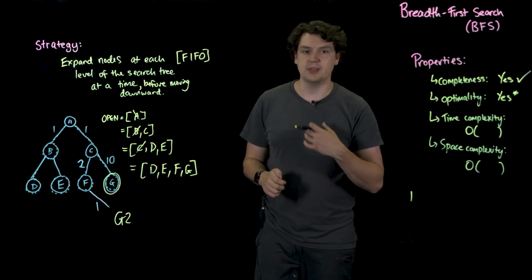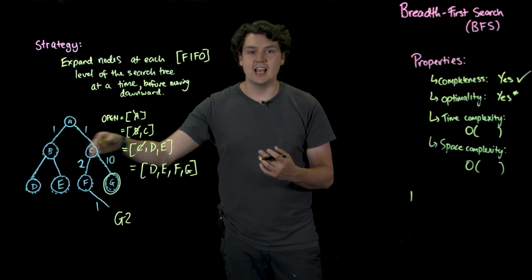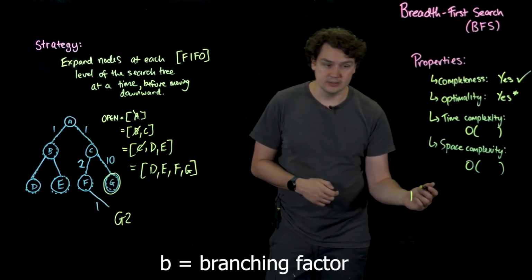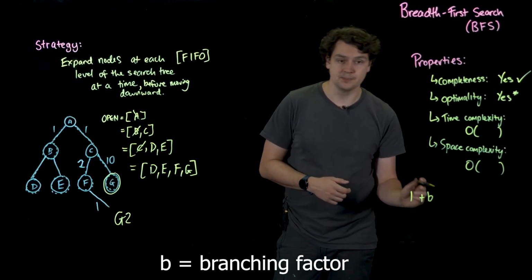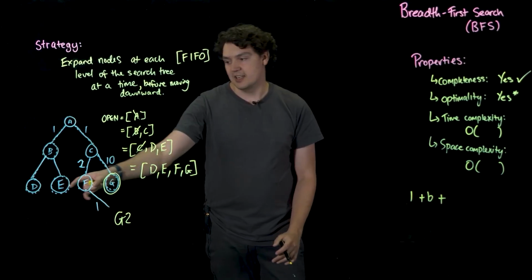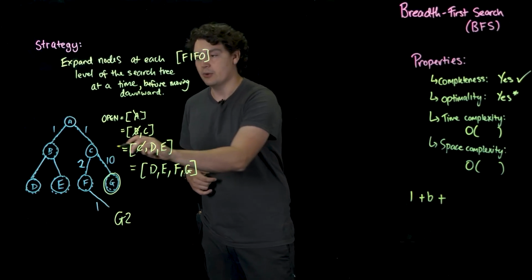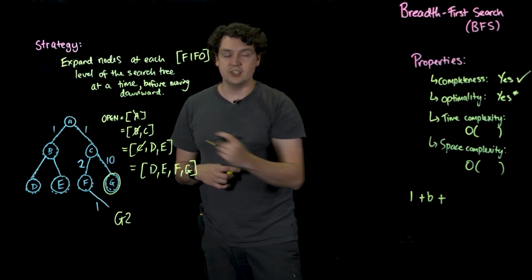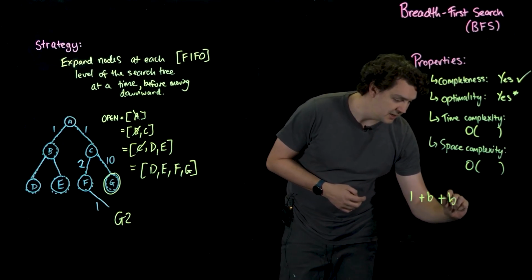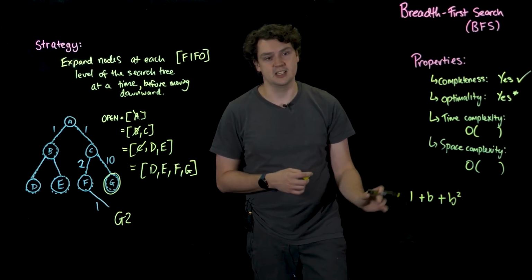But if I'm going to describe that in terms of the branching factor, we're saying, hey, how many things can I do from the root node? Well, b, right? So b is 2 in this case, but we can express it as b in a generic sense. In the next layer, for all of those b nodes, each of them can also spawn an additional b nodes. So here, b squared comes in as our next term.